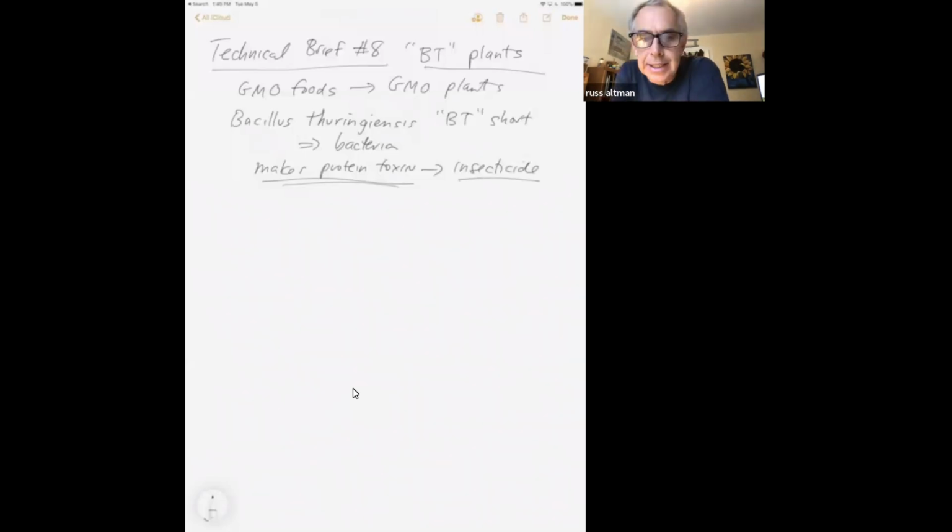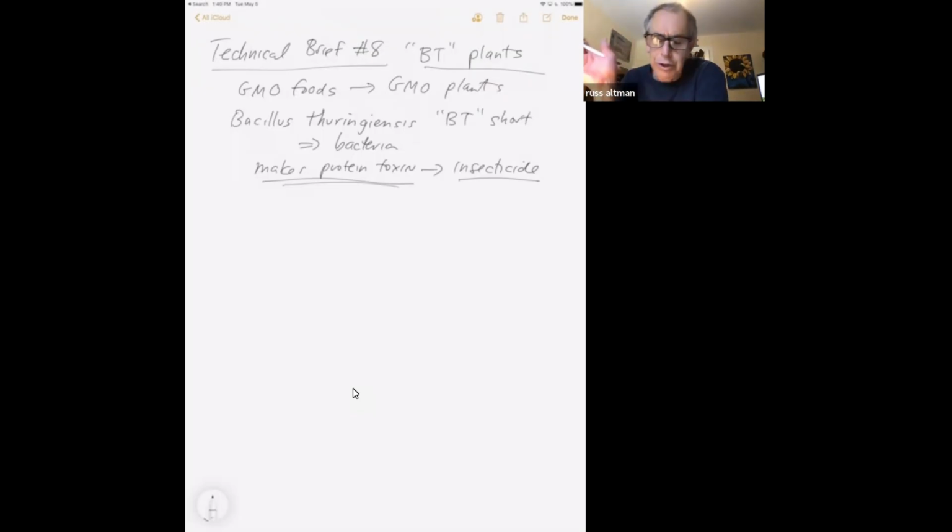So it kills insects. I think the idea is that the insects eat the BT, ingest the BT, they get this toxin, they die, and then the BT can grow on the dead insect as a food source.